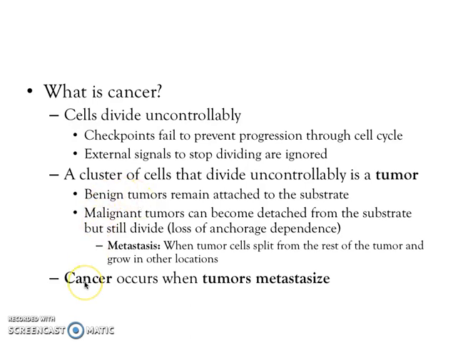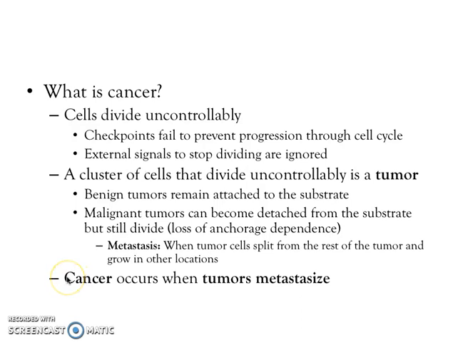But malignant tumors are those that have already broken away from the substrate, so they don't have that anchorage dependence, and they're just floating around, and then they can adhere to another area and start growing. So that's metastasis, right? So maybe you have, let's say, a liver cancer, and that chunk of cancerous liver tissue is going to float around until it ends up somewhere else, maybe clogged in your heart, and just starts growing there instead.